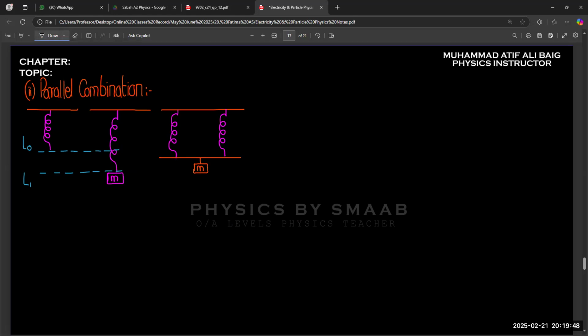So in simple words, we derive the idea that extension decreases this time. When we have only one spring, and we connect one more spring just like the first one in parallel combination, the total extension decreases as compared to the previous one. So this is the idea for parallel combination.